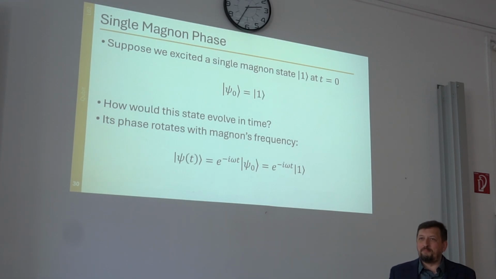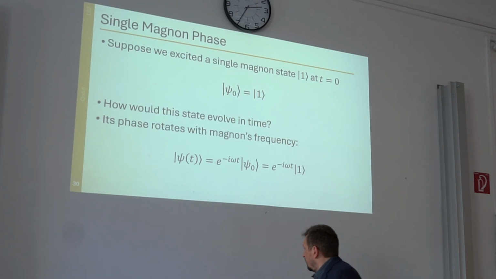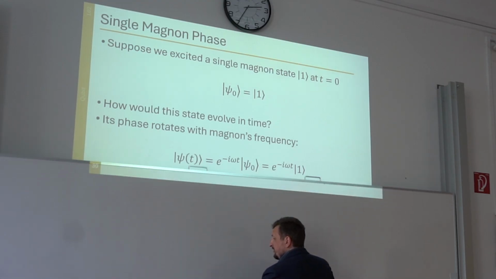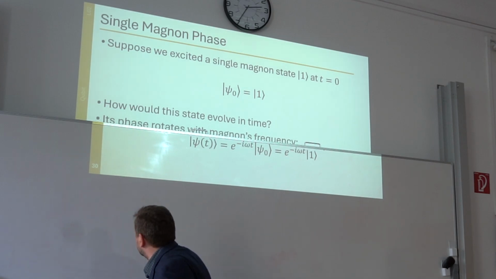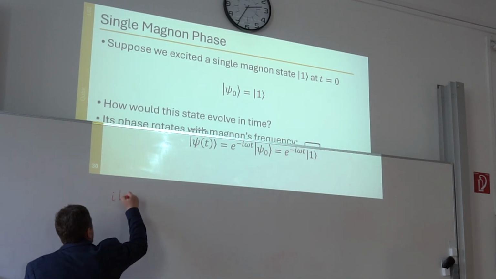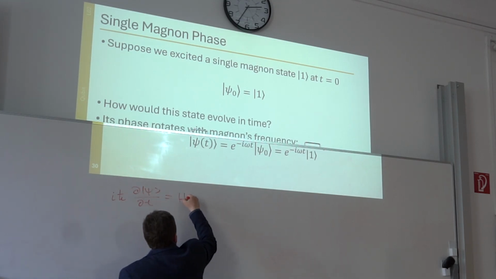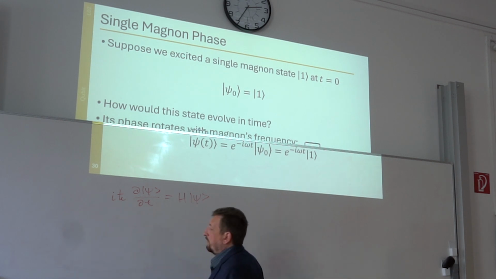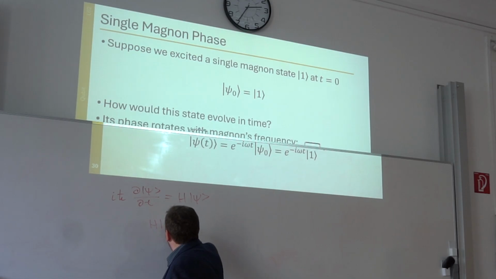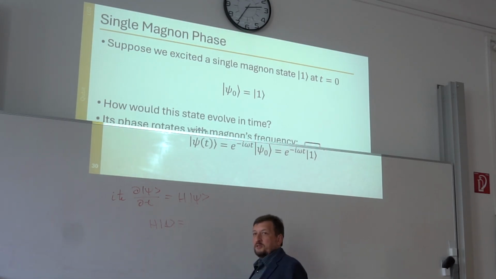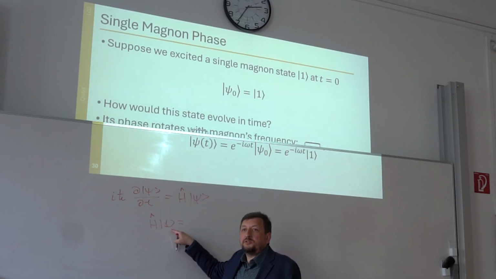Why did you multiply this by i omega t? Because we have the time-dependent Schrödinger equation. So here is our Schrödinger equation. Now for a single magnon state, this is the Hamiltonian.